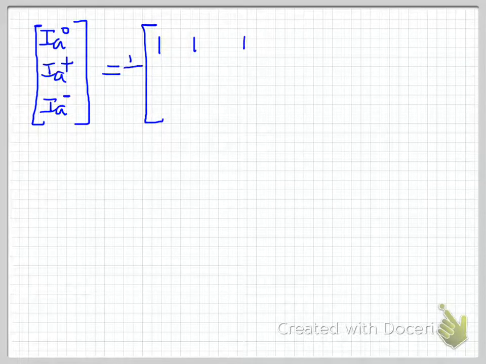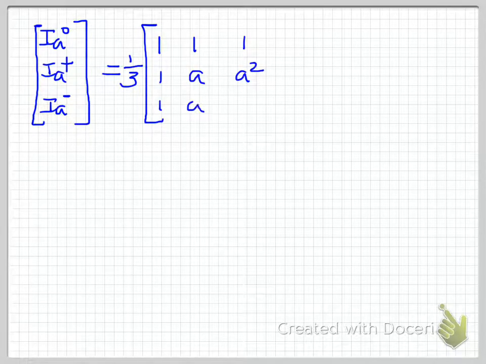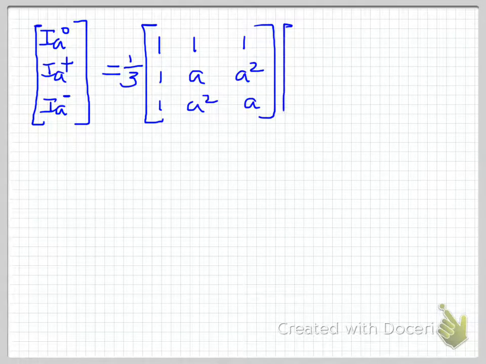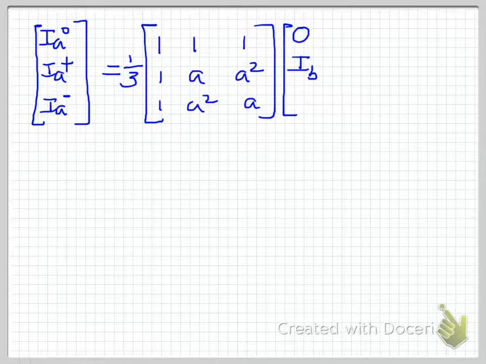And there is a 1/3 here. So here it's IA, which is 0 in this case, IB is IB, and IC is negative of IB.